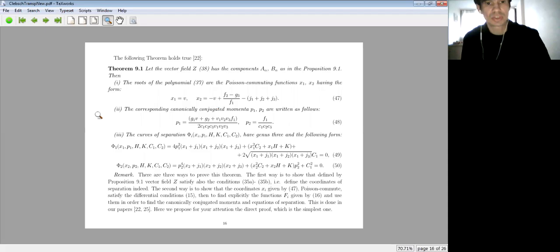The same holds for the momenta canonically conjugated to the coordinates x1, x2. We have quite an explicit, quite simple formula.